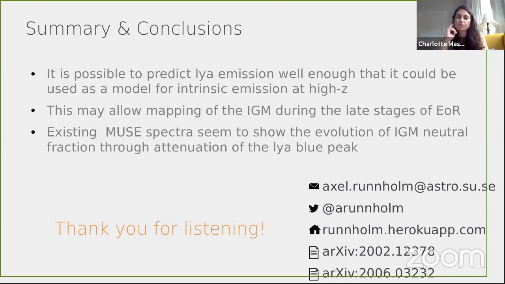Okay. And then we have another question from James Rhodes, who asks, compared to the Yang et al. work, which predicted Lyman alpha strength based on the red peak velocity offset and extinction, which physical or observational parameters give the greatest increase in predictive power in your model? Yeah, so this is a big part of the work. I just didn't have time to present it, but we do look at which parameters give the biggest predictive power.